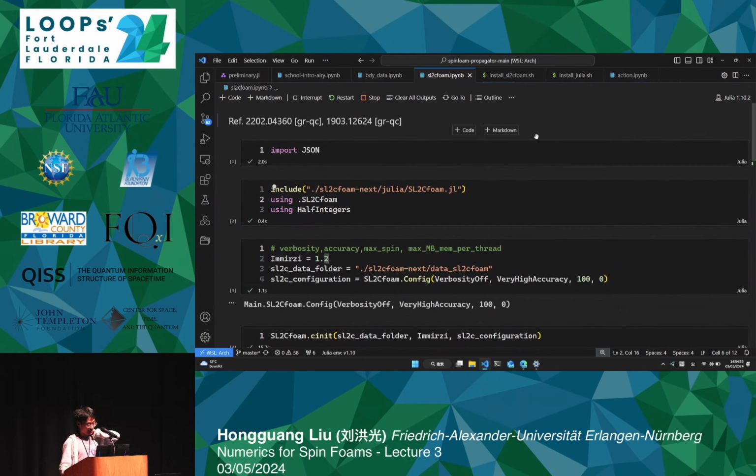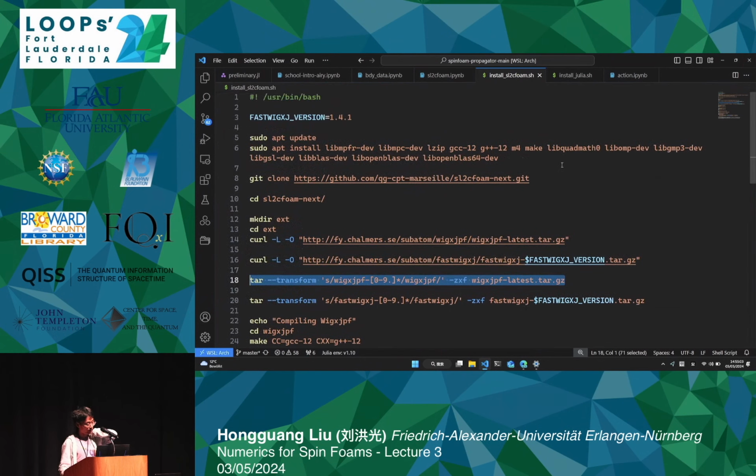The base code is in C, but now we have a Julia interface, but you still need to do the compilation yourself. I just wrote a shell script, which is very simple. If you're using Ubuntu, you can just call this shell script. It will do all the compiling for you, and you get a usable code base afterwards. You can just run this.